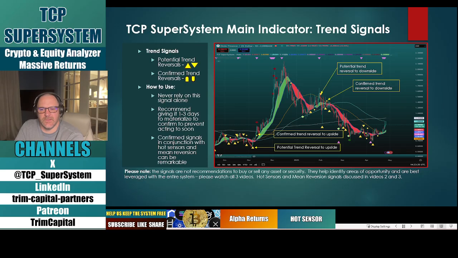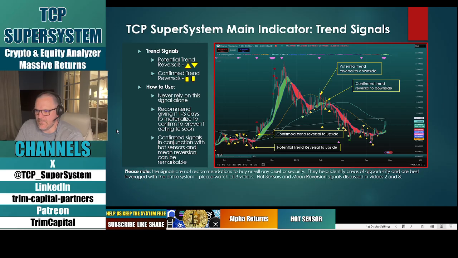It's very important, especially for these, that you use the other signals in this system to corroborate what you're thinking. So never rely on those. Now you can, for example, if you did here and followed it all the way up to those diamonds, which we'll talk about in just a minute, that would have been a fantastic trade. But again, like here, you get a lot of choppiness, so you can be in and out and lose money. So again, we don't use them solely for trading.